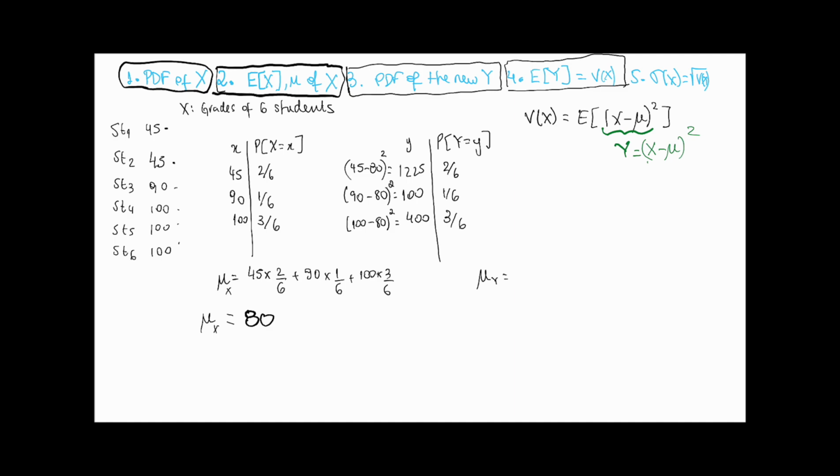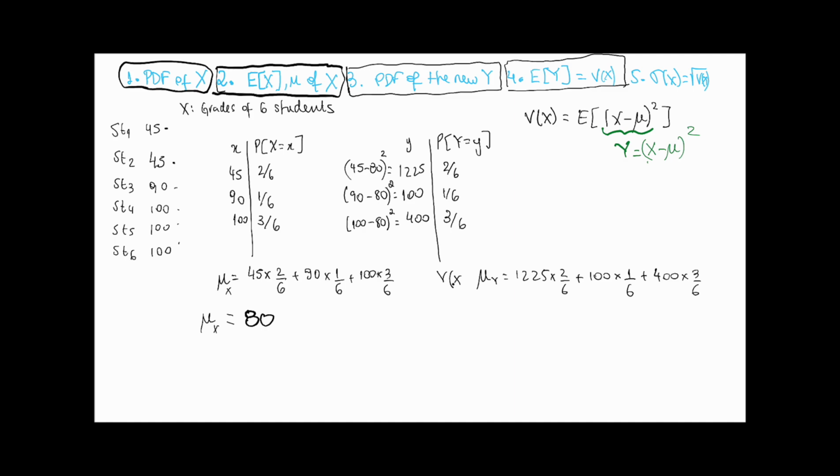So the expected value of y is the value that y can take on times its probability. So you can just go row by row: 1,225 times 2/6, 100 times 1/6, and then 400 times 3/6.